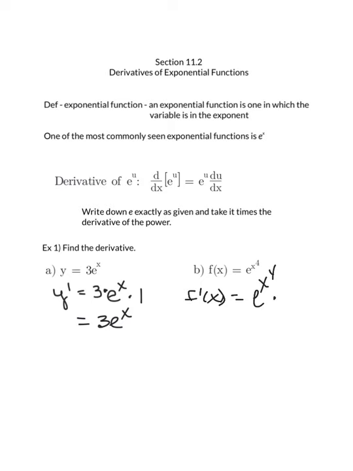Now you take it times the derivative of the power, which will be 4x cubed. It's not wrong to leave it this way, but typically what you'll see is anything that's not the e written out front with the e at the end to make it clear what's the power and what's not.